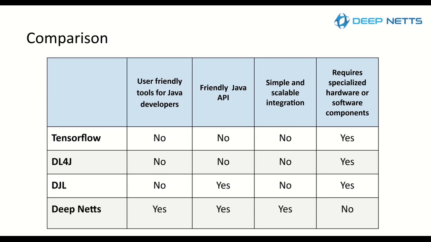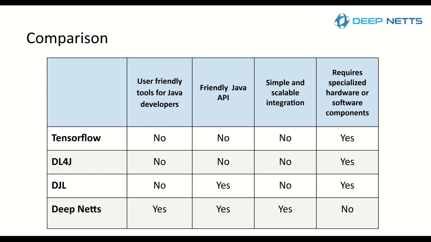Also, Deeplearning4j has many options, but it is very complex for beginners. And DJL is an interesting option because it basically wraps other frameworks and provides a Java API, but it also has native dependencies, and it can be difficult to run on smaller devices and to integrate on a number of different devices.